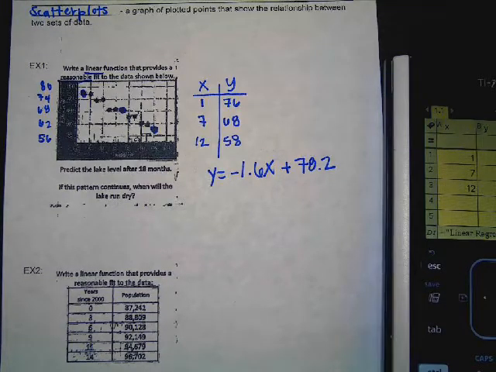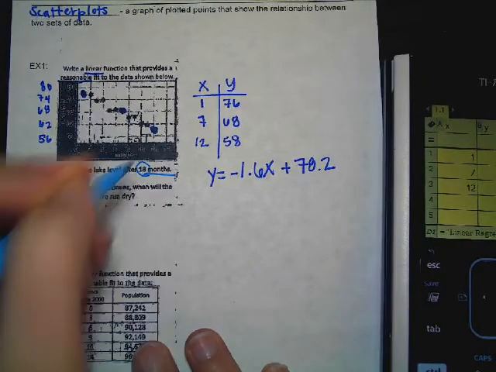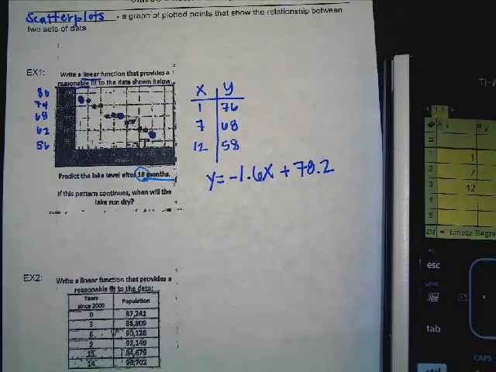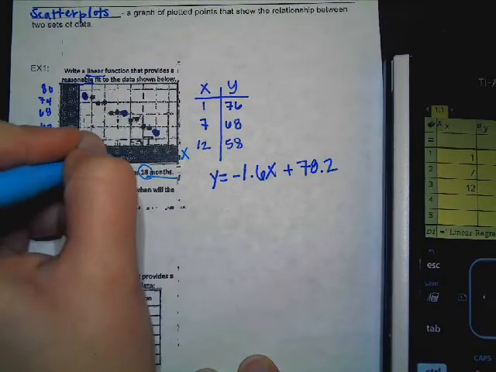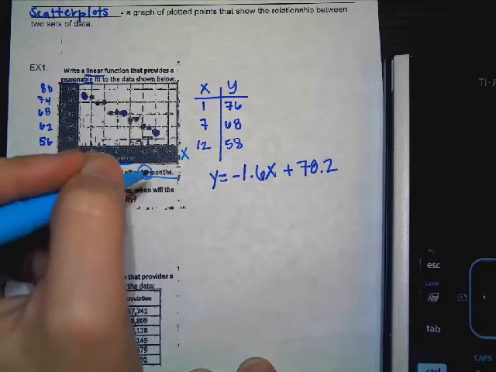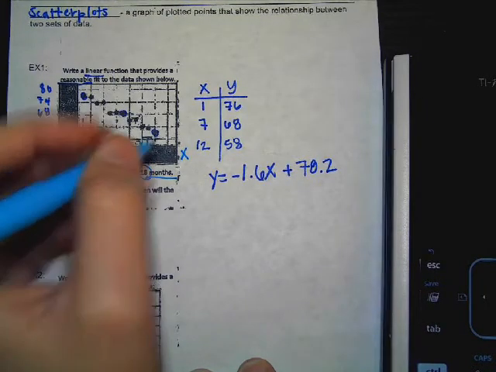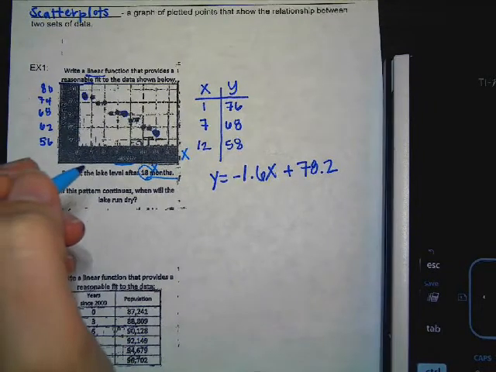Now, it says predict the lake level after 18 months. Okay, 18 months. What's representing months, x or y? The x-axis is representing months. I know it's hard to see, but it says it right here, months. So 18 months is really an x number. So what should I do with this 18?